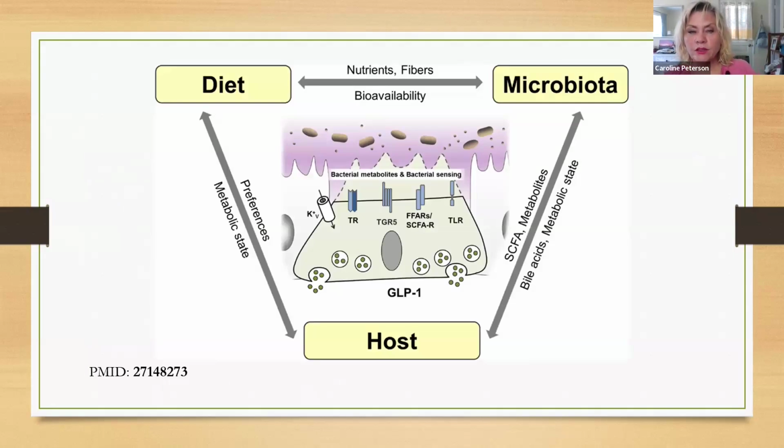So we're talking about diet. You take in food, the microbiota breaks it down. You as a host are nourished by that, and that forms your preferences for foods, and it forms your metabolic state. So if you have a preference for a food and you're dysbiotic, your microbiome is not helpful, that dysbiosis will make you want different foods because the bacteria will want to get fed, whether they're an optimal profile of microbiome or a dysbiotic one.